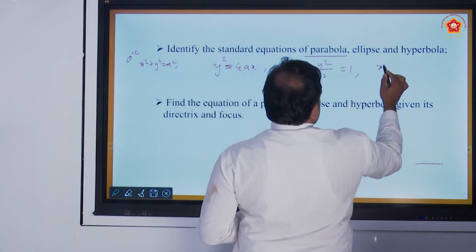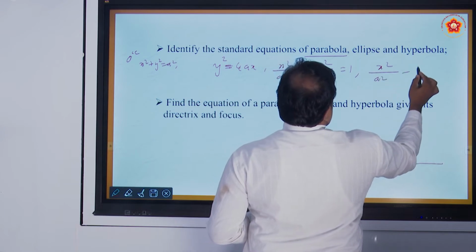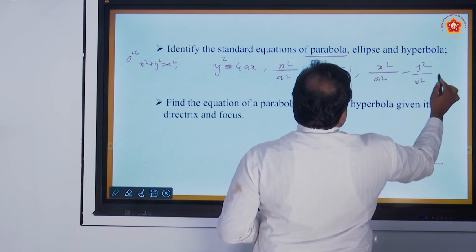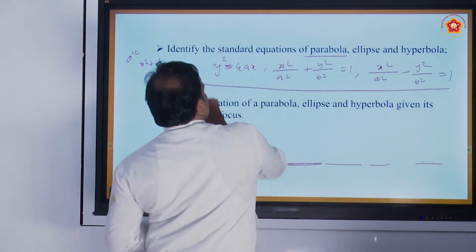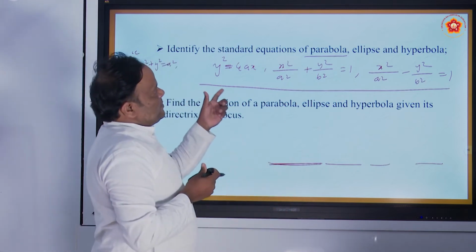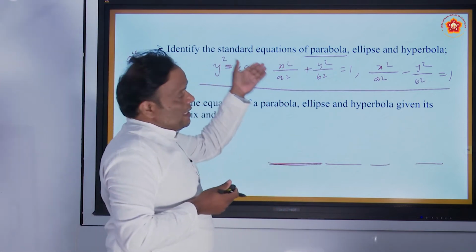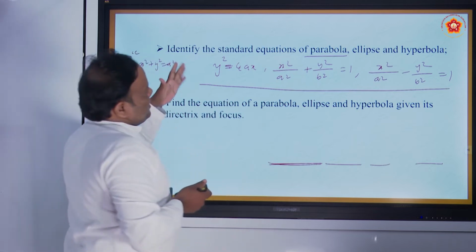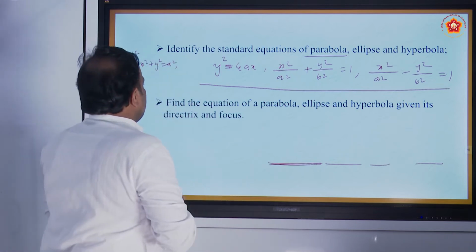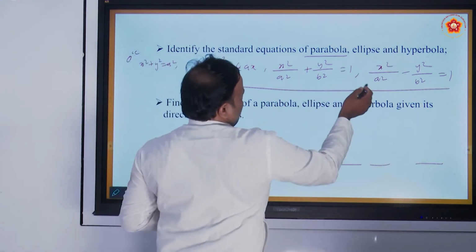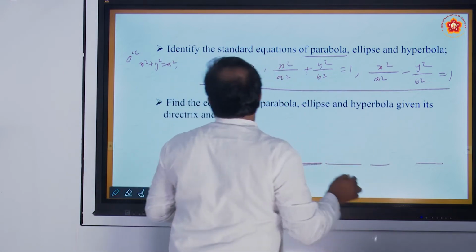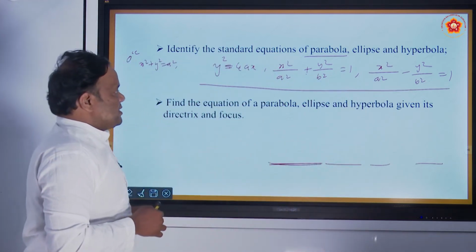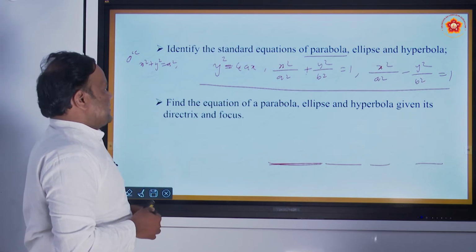And the hyperbola equation is x square by a square minus y square by b square is equal to 1. You know the difference between ellipse and hyperbola is only that here is plus, here is minus. Find the equation of the parabola, ellipse and hyperbola given directrix and focus.